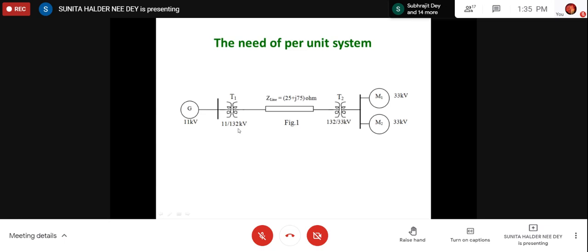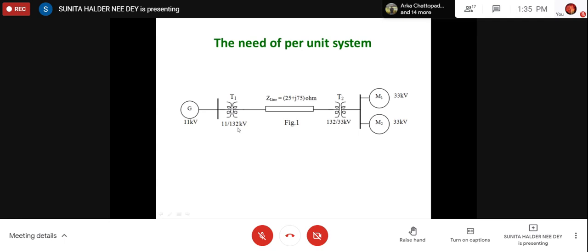So it is always better that the rated quantity with the maximum value of per unit voltage must be 1. That's why we take the maximum voltage of that section as the base voltage.